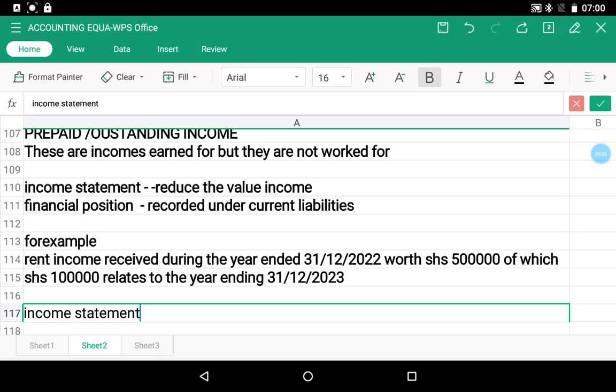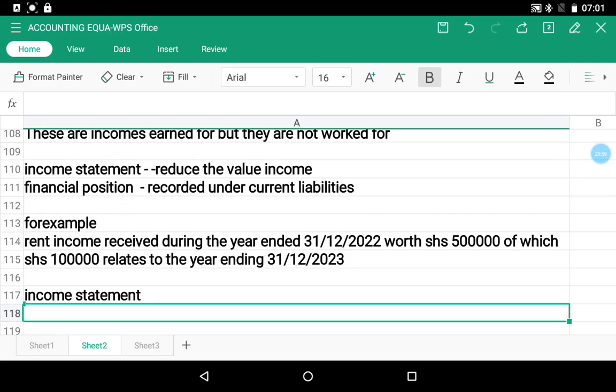So this time, when you see they have given you the total income, there is no more adding up because it's already included. This 500,000 has already included 100,000.